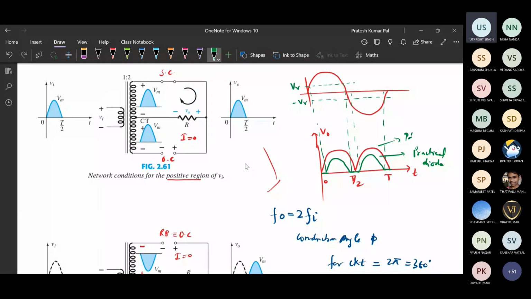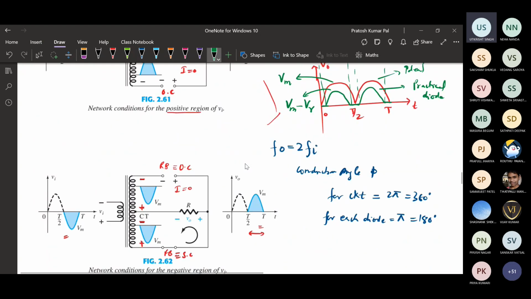The output that we will be getting is V maximum minus V gamma in case of practical, and in case of ideal it will be V maximum. Whatever maximum input we are applying, we will get the same maximum output in the ideal case.